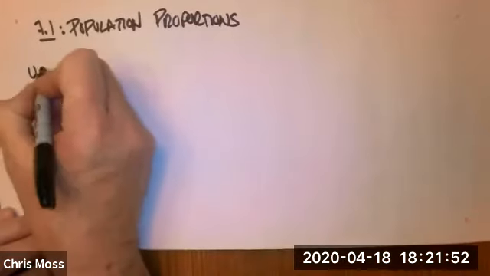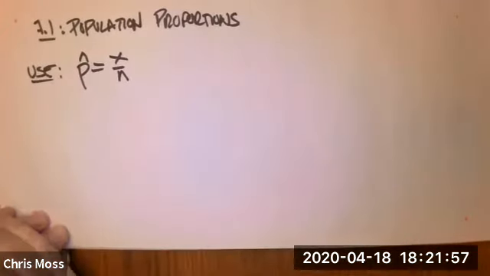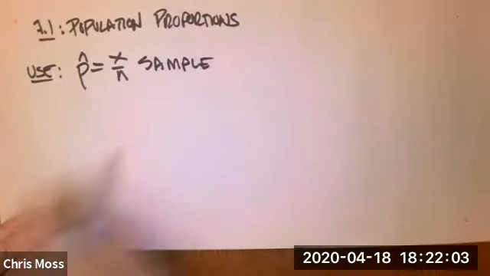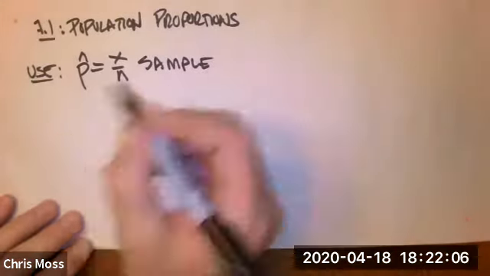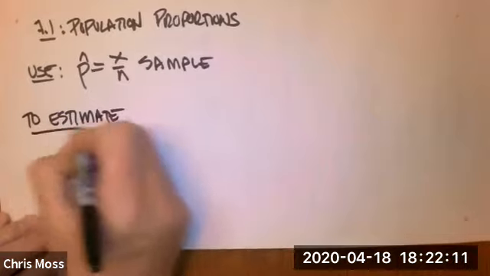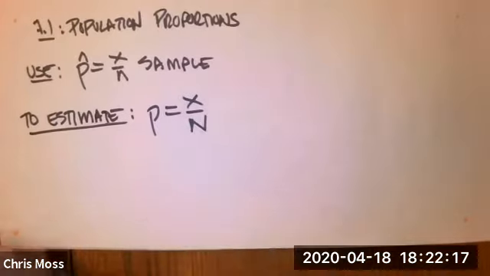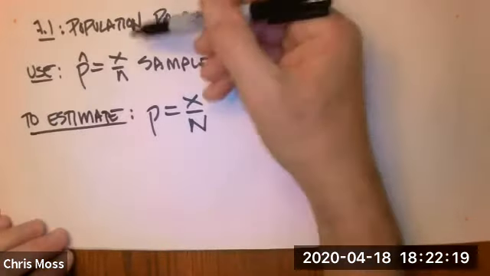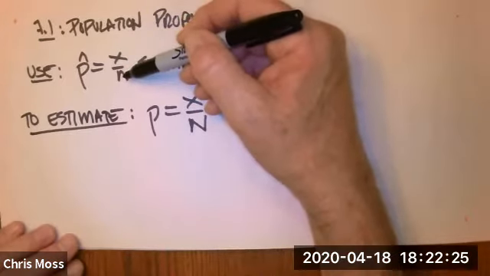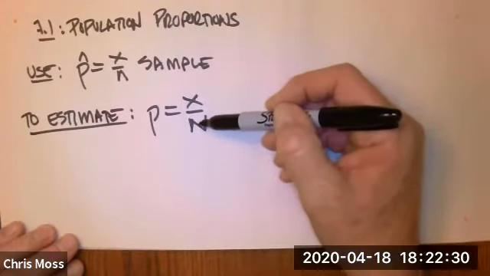We're going to use p hat equals x over n, and this is going to give us the proportion of our sample, and we're going to use that to estimate our population proportion, and that's p, x, in this case, over big N. Remember now, x is the number of elements, items, or people that share a particular characteristic. Little n is your sample size. Down here, same x, big N is the size of your population.